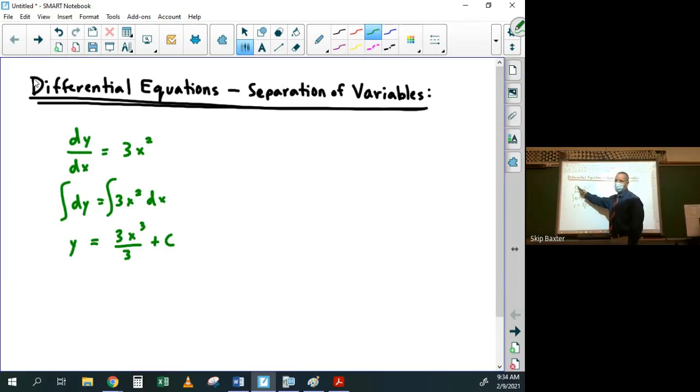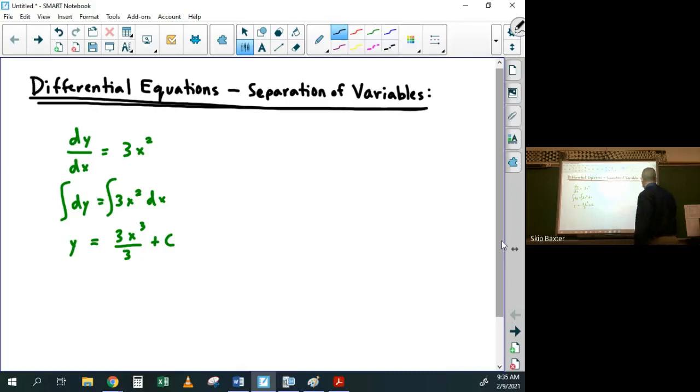You're putting everything that has a y in it on the left, which really is just the dy, and then you're putting everything that has an x in it on the right, including the dx. Okay? So if you have a differential equation that contains both x's and y's, you're going to do the same thing. You're going to move everything that has a y in it, including the dy, onto the left, and everything that has an x in it, including the dx, onto the right, and then do the same process.